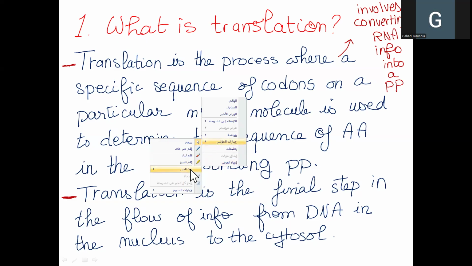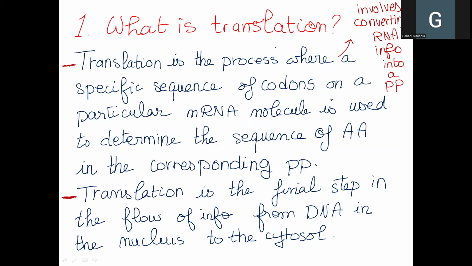What is important in this definition is to know that every codon is translated into an amino acid and that codons are present inside a messenger RNA molecule, whereas amino acids are present inside a polypeptide molecule. So it is important to write it in that order.